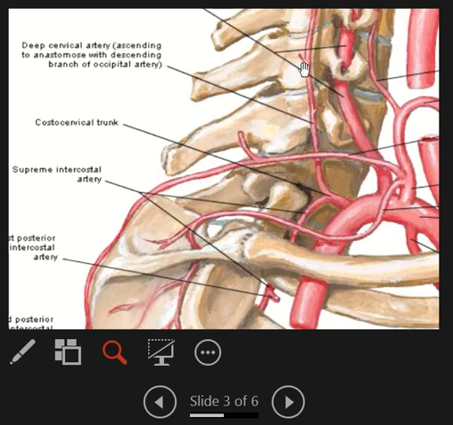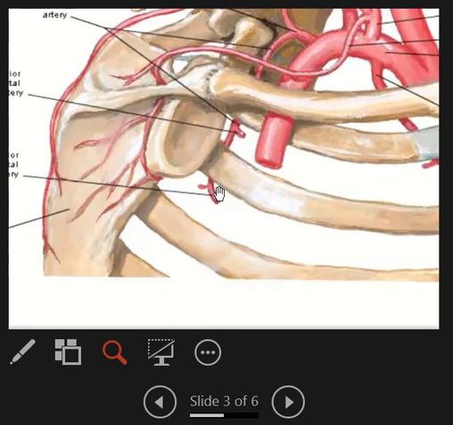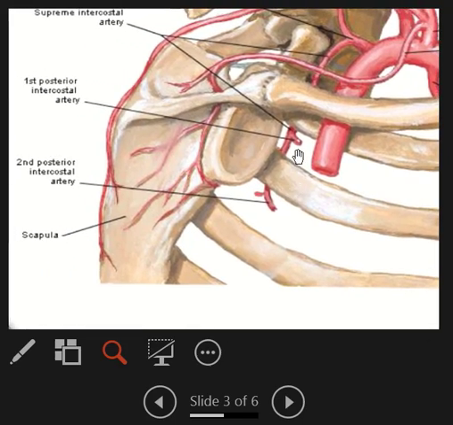The deep cervical artery that supplies the back muscles of the neck, and the highest or supreme intercostal artery that supplies the first and second intercostal spaces. This is the first posterior intercostal artery and this is the second posterior intercostal artery.